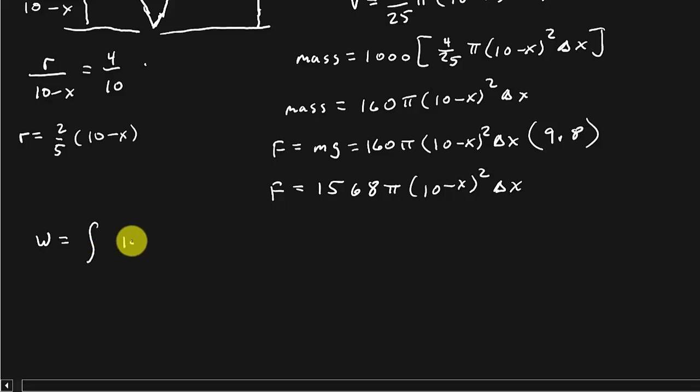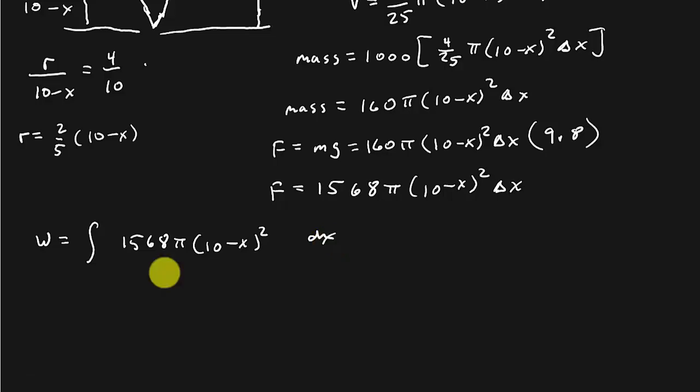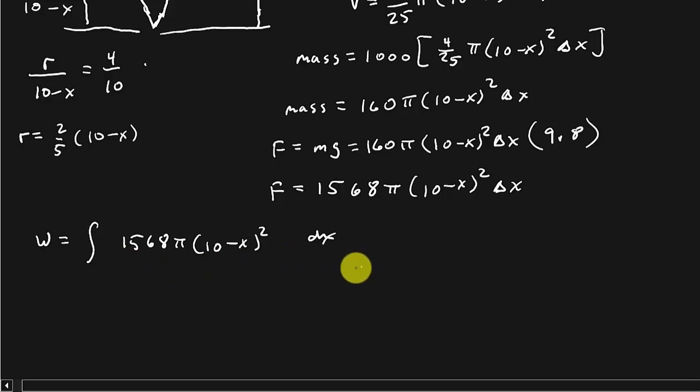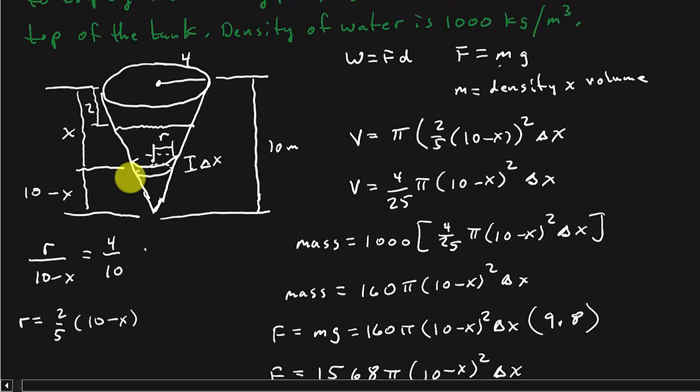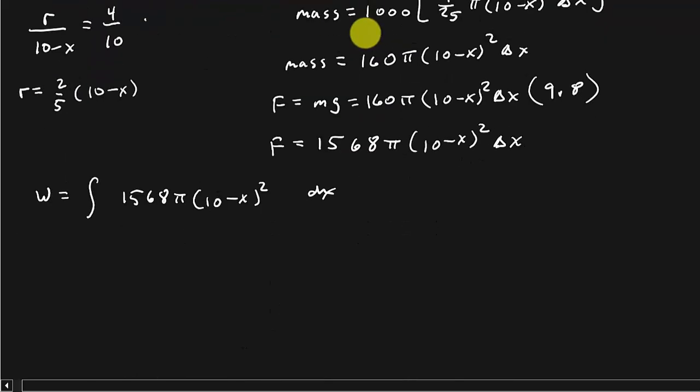So that's going to be force, which is 1568 pi times 10 minus x squared dx, times the distance. Well, what's the distance that little slice has to come up? It has to come up x, right, to get over the top. You see that? So that's going to be times x.